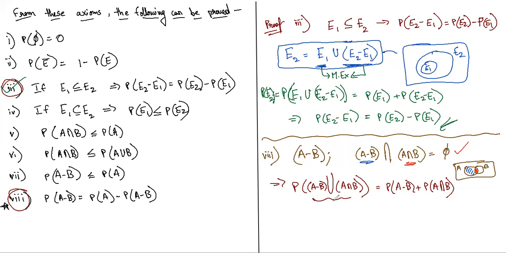P of A. Yes, okay. You just add all of this, you get P of A. Good, so therefore P of A is equal to P of A minus B plus P of A intersection B.